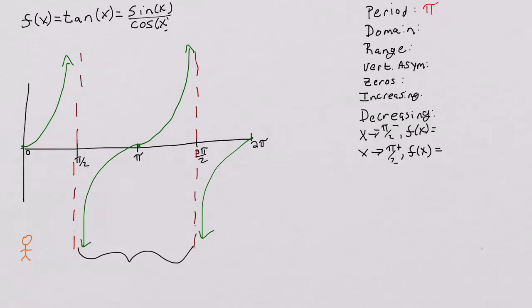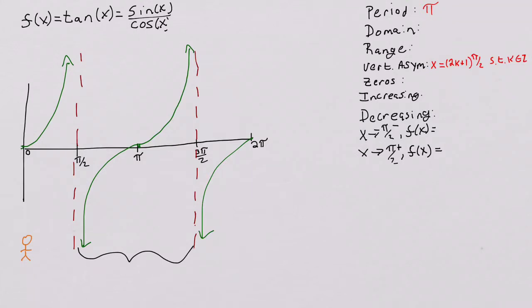So much like the graphs we were doing before, we have to write an equation for our vertical asymptotes. It's going to be x equals 2k plus 1 times pi over 2, such that k is an element of the integers.